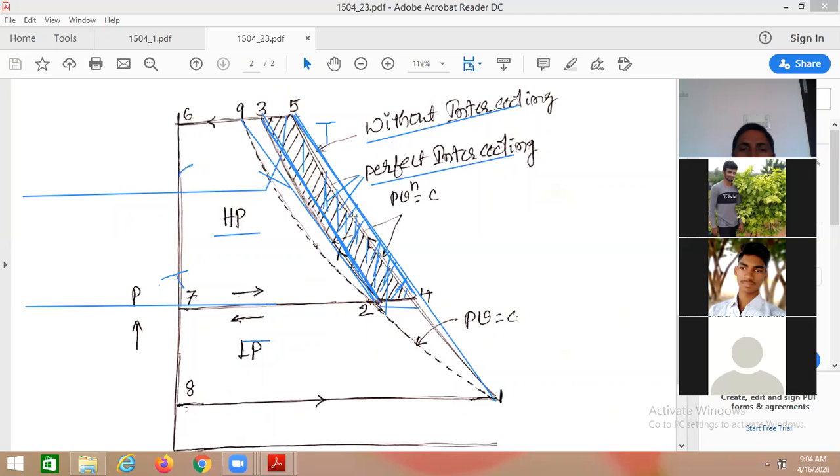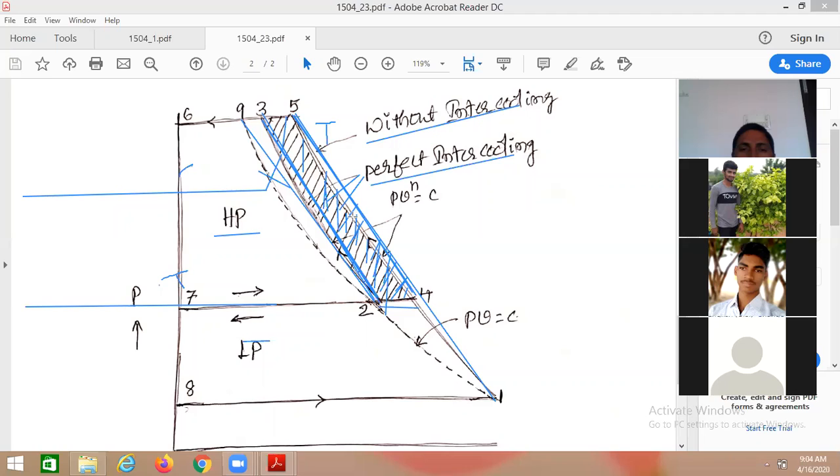Otherwise, in every stage of compression also, the work consumed by the compressor is the same. That means equal quantities of work are consumed by every stage of compression while expecting the minimum work to be consumed by the multi-stage compression. That is the meaning of adopting multi-stage compression.